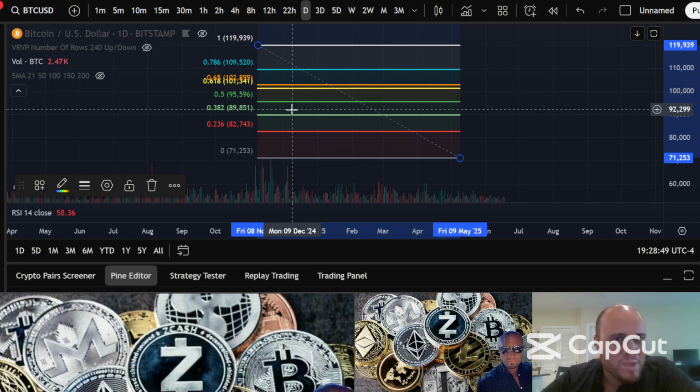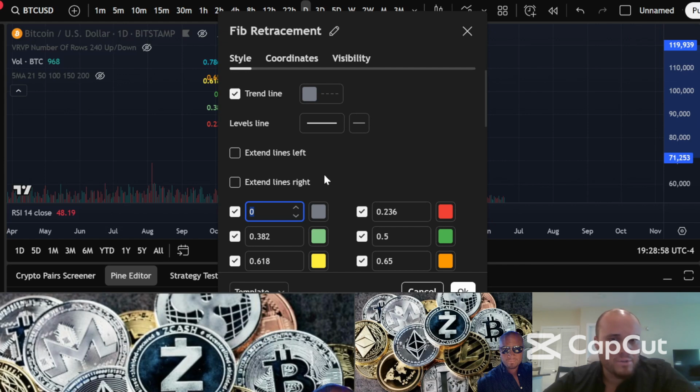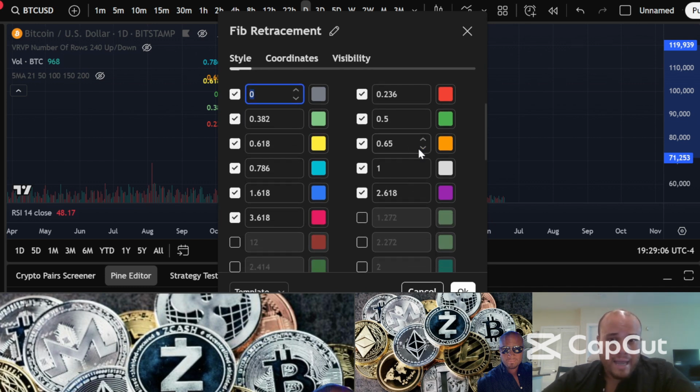On the settings here, you click the settings button, and you'll see a bunch of numbers and colors on your style for your chart. I like to add the 0.65 level in there. If it isn't in there, I would add it, and I put it as the color orange.